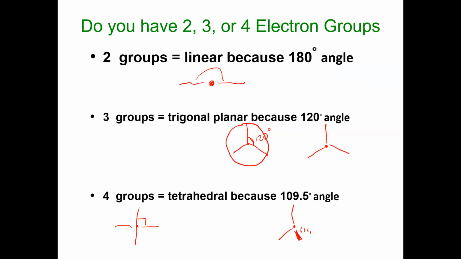And you create a three-dimensional structure that forms four sides that's referred to as tetrahedral. And the bond angle is actually greater than 90, it's 109.5. So 3 terms: 2 groups linear, 3 groups trigonal planar, 4 groups tetrahedral, 3 angles 180, 120, 109.5.